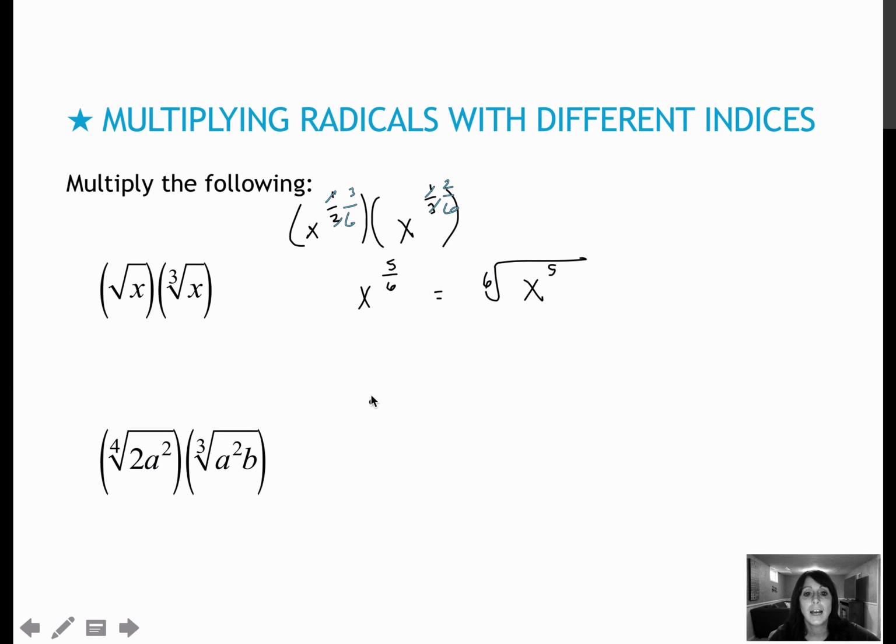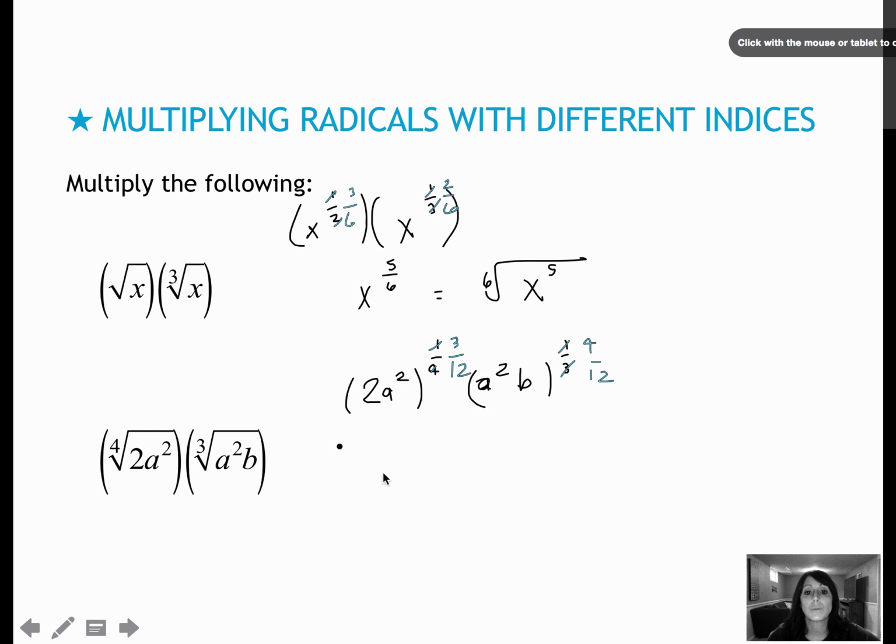For my second, I have 2a squared all to the 1/4, and I have a squared b all to the 1/3. So let's work to make those denominators the same. Let's turn those into 12, so times 3 on the first and times 4 on the second. And now I'm going to rewrite that.